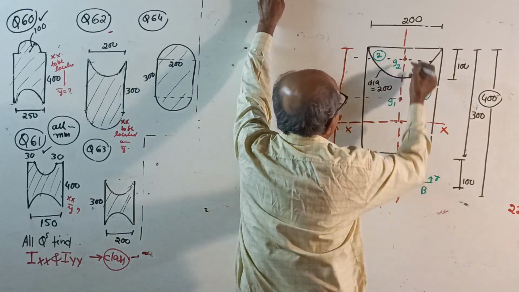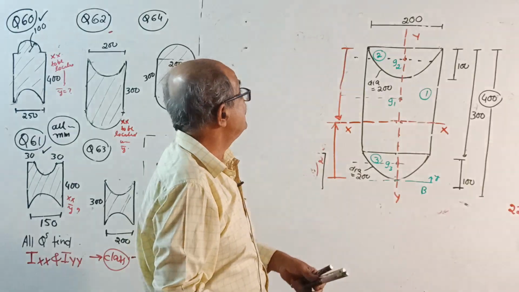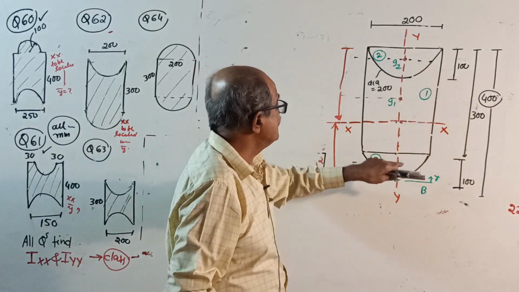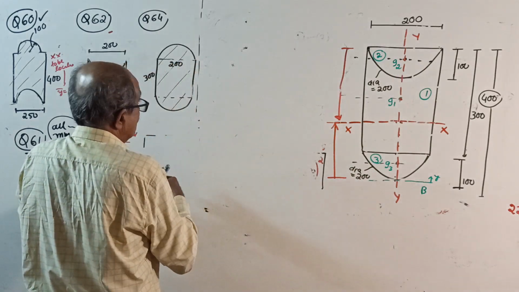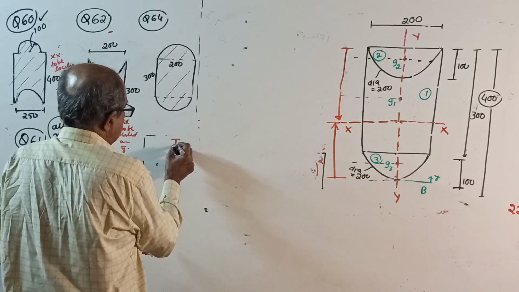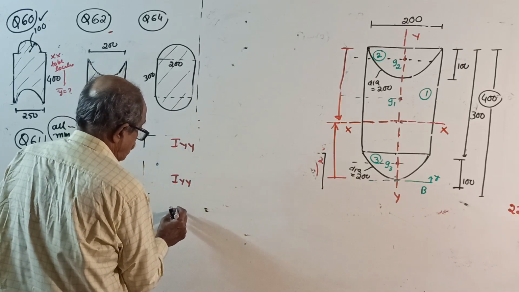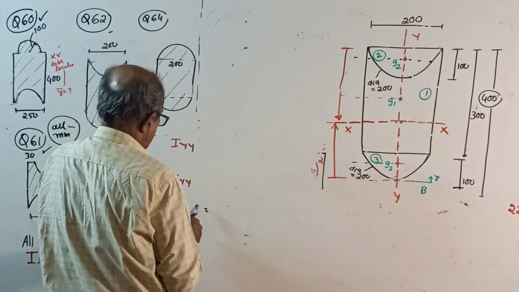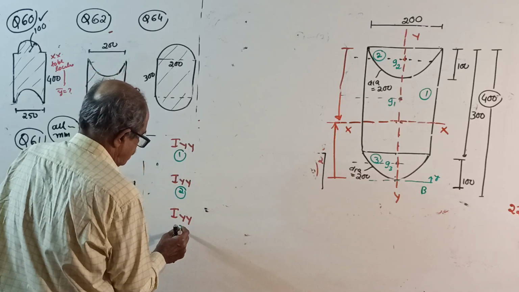So as usual, only Ig, because why? Ig plus A square h0, the centroid of all the three lies on Yy. Therefore, start. Iyy for 1, for 2, for 3.